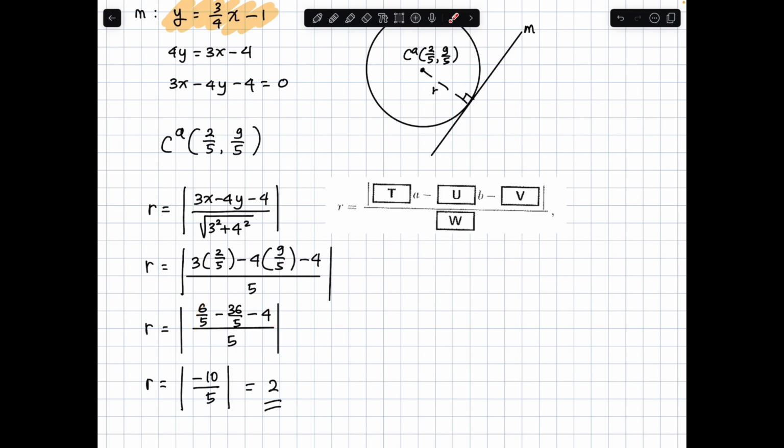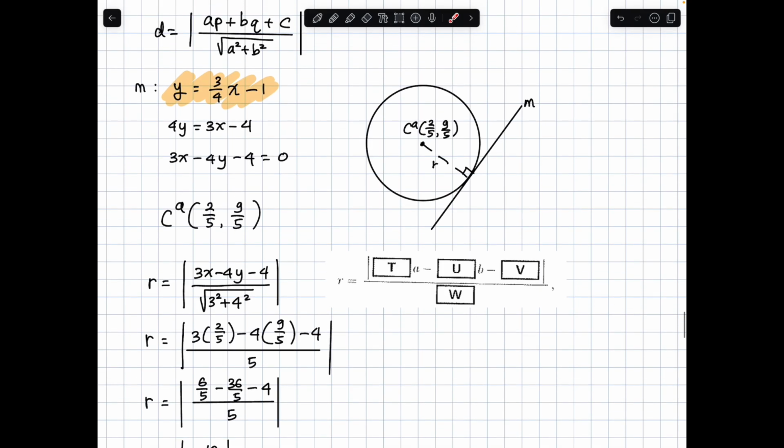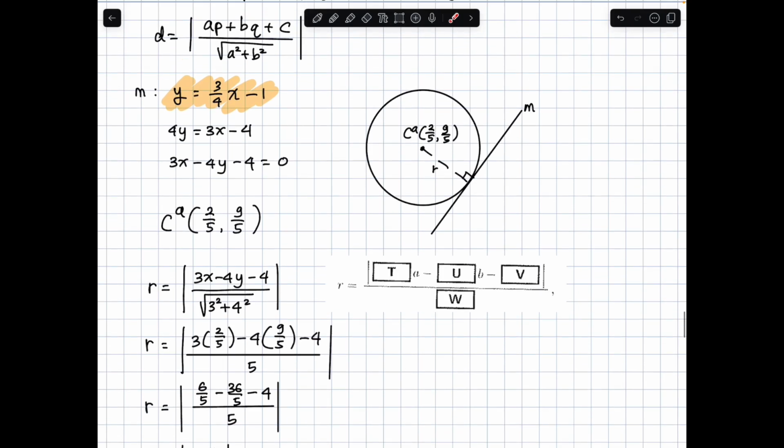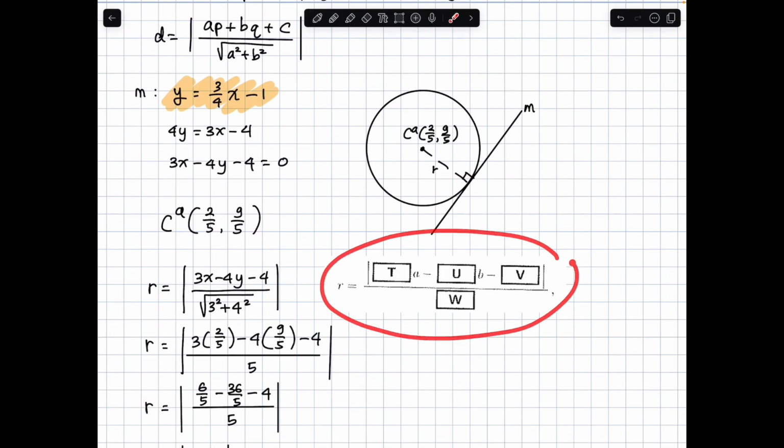Then I got the value of R is 2. This is actually the absolute sign, because the distance is never a negative number. So like here, this is -2, the absolute of -2 becomes 2, right? Oh yeah, they also ask about filling this part, right?